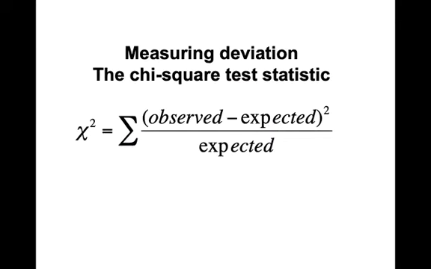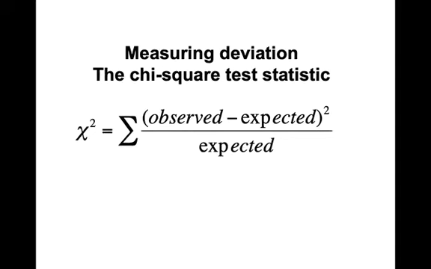Okay, and there's a way we do this. We measure, in this particular case, when we're looking at ratios and outcomes, there are other statistics similar to this, but the deviation that we measure is called the chi-square test statistic. The chi-square test statistic is a summation, for each of the categories of the phenotype, of the observed number minus the expected number, squared.